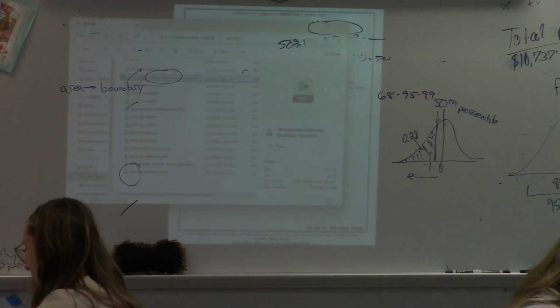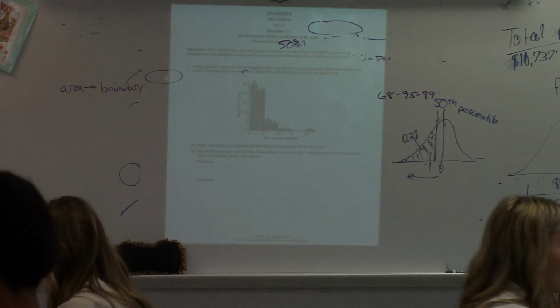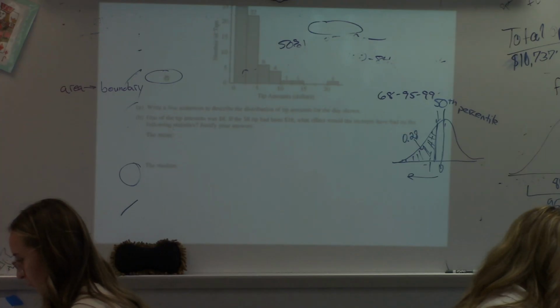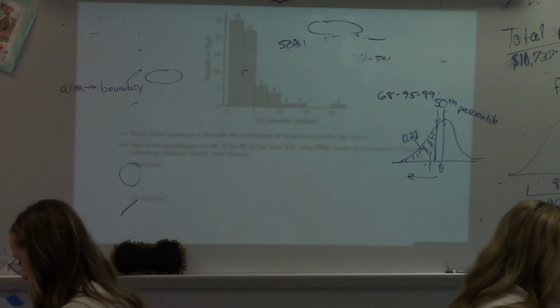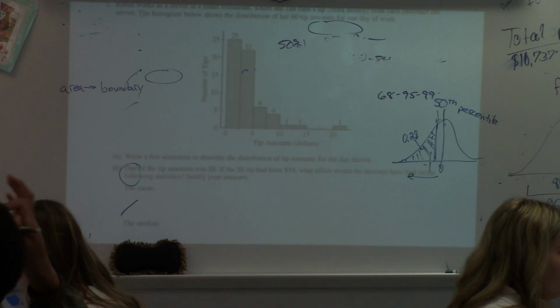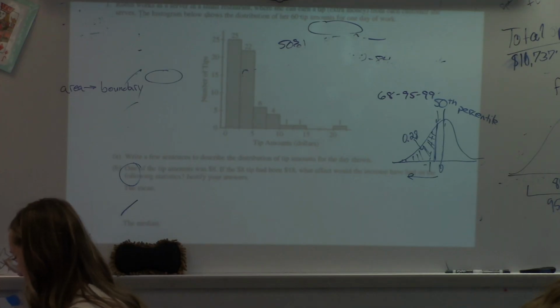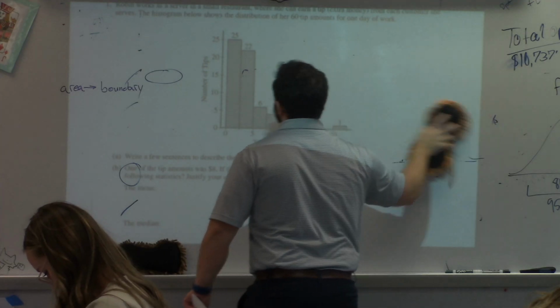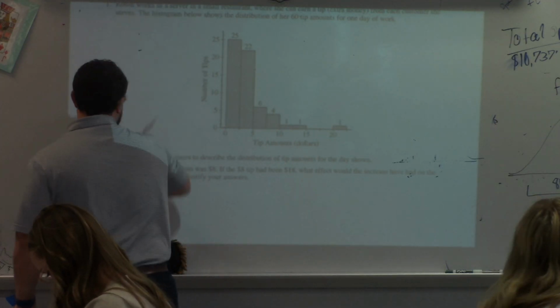Yeah, so the one on the front side. All right, Robin's tips. Write a few sentences to describe this distribution. Robin works as a server in a small restaurant where she can earn a tip, extra money from each customer she serves. We got a histogram of her 60 tip amounts for one day of work.